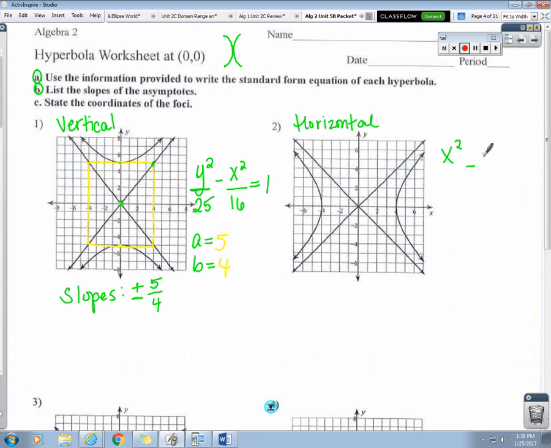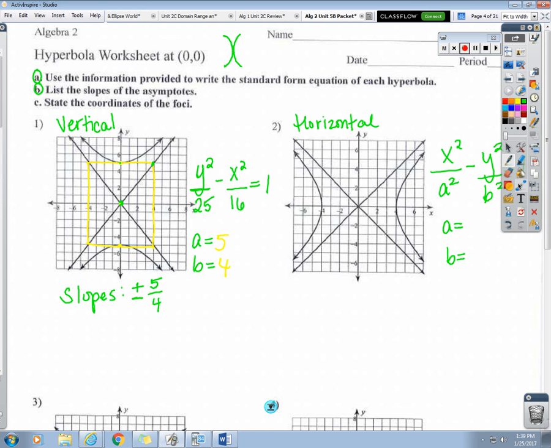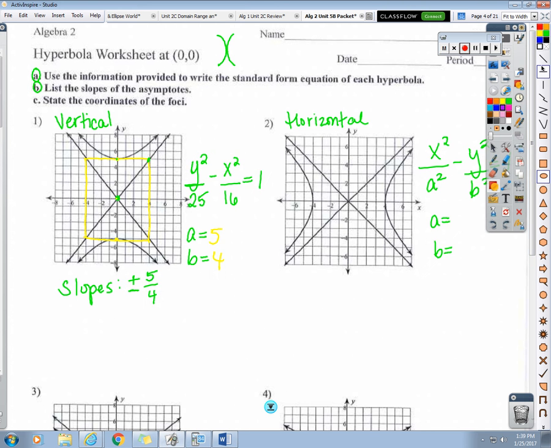Okay, X squared minus Y squared equals 1. And then remember, it's always A squared on the left, B squared on the right. So we obviously have to plug in for A and B. Okay, but before we do that, let's draw in our box. Remember it goes from line to line.